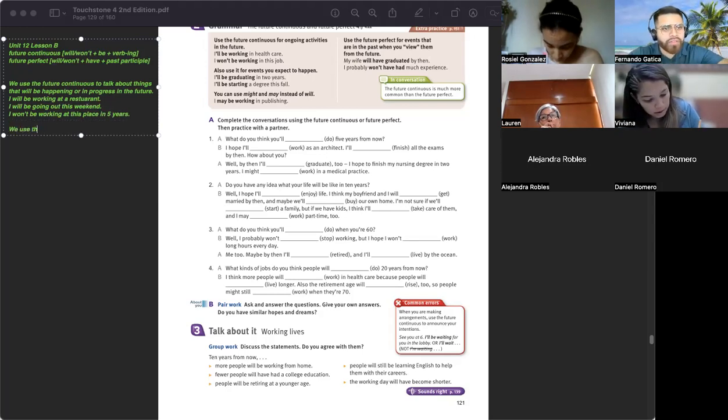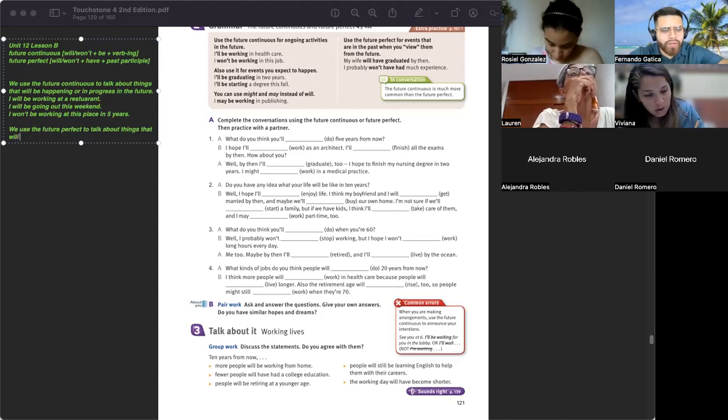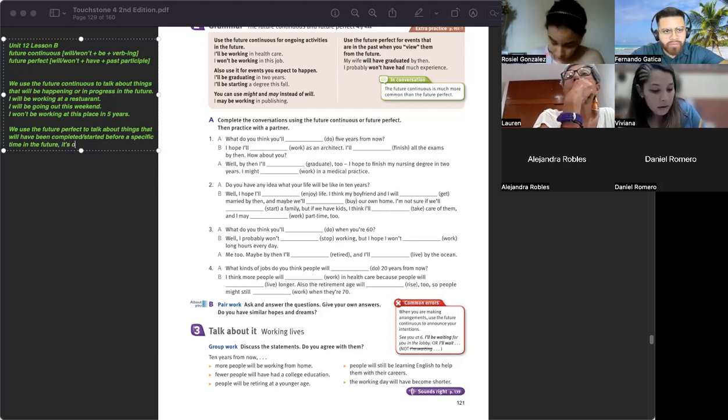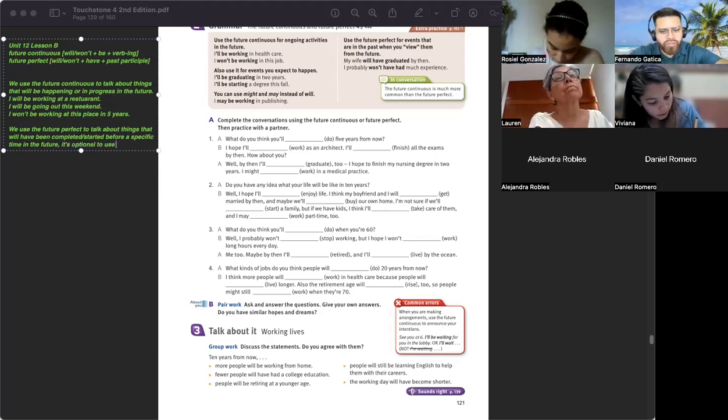And we use the future perfect to talk about things that will have been completed or started before a specific time in the future. It's optional to use, but sounds really sophisticated.